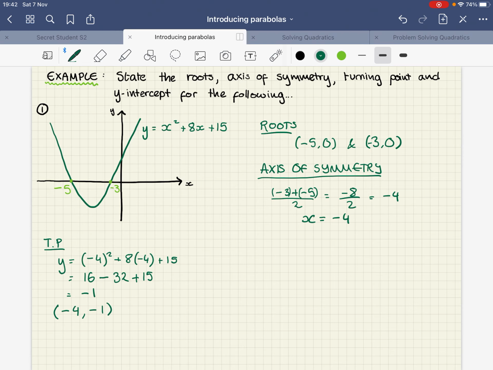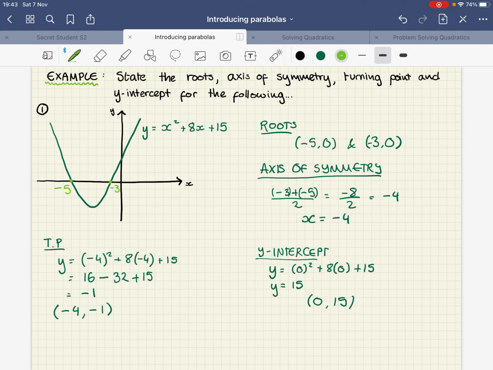And then the last little detail, my y-intercept. And remember, x always equals 0. So to find that y coordinate, substitute that 0 in. So y equals 15. So my y-intercept, if I was to write it as a coordinate, would be 0, 15.